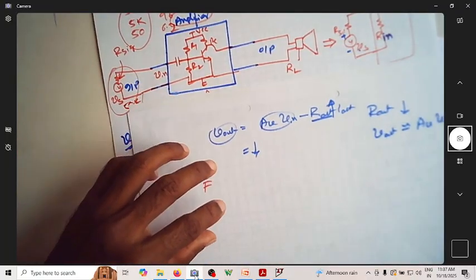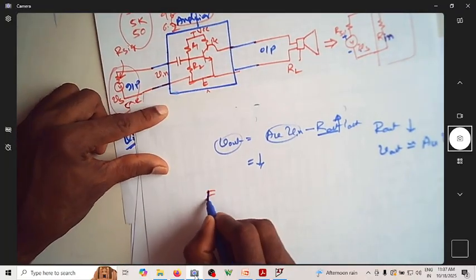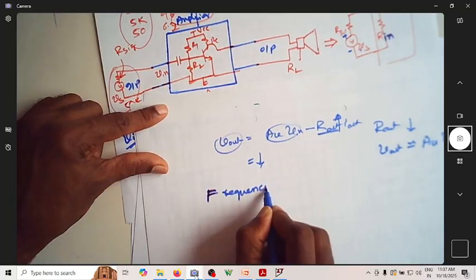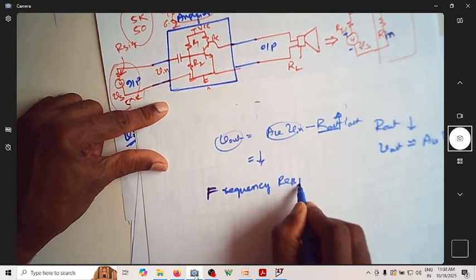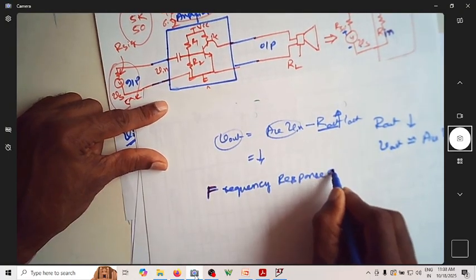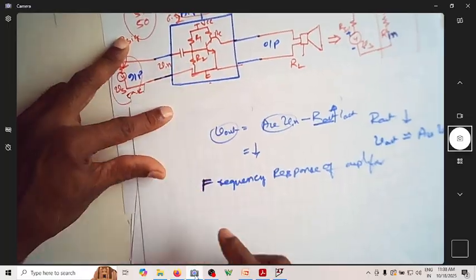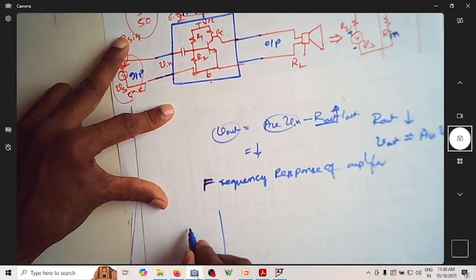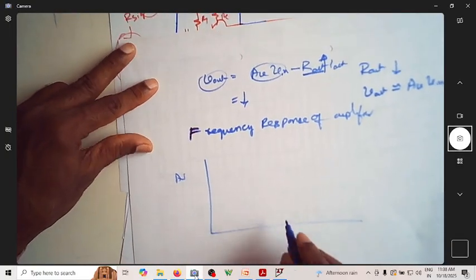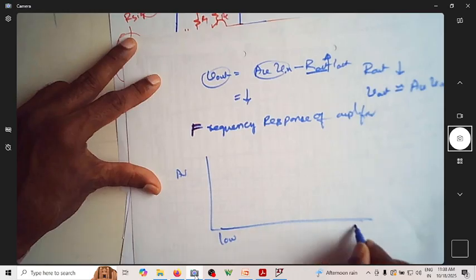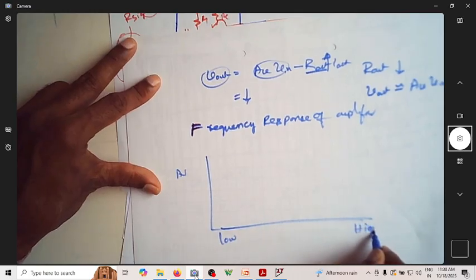The amplifier has some gain for different frequencies, from low frequency to high frequency.